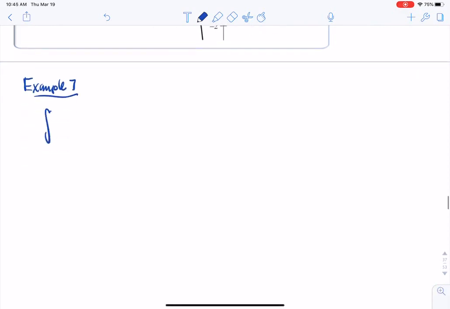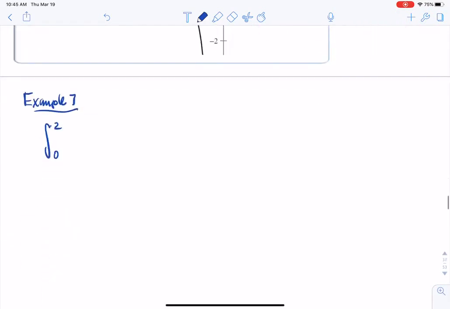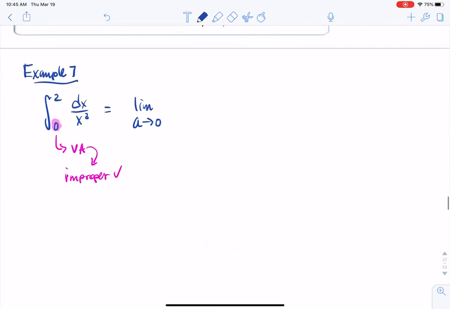So for this example, 7, I've got the definite integral from 0 to 2 dx over x cubed. Notice, of course, that we've got an improper integral because we've got a vertical asymptote, which makes it improper. Make it a limit: limit as a approaches 0 from the right-hand side, definite integral from a to 2, and I'll rewrite this as x to the negative third power.